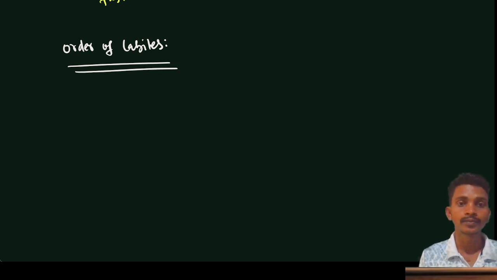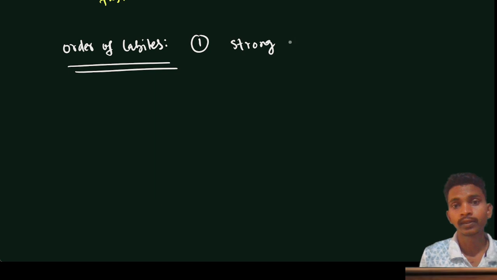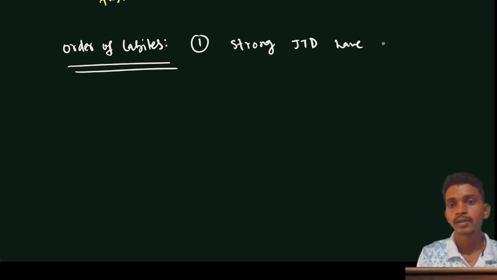So we see that for order of labiles or order of inertness, what you look first, we look at strong JTD. Strong JTD complexes are highly labile.